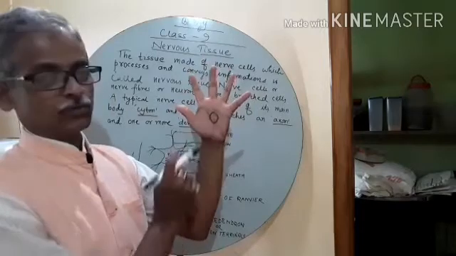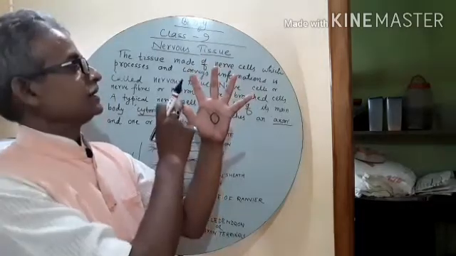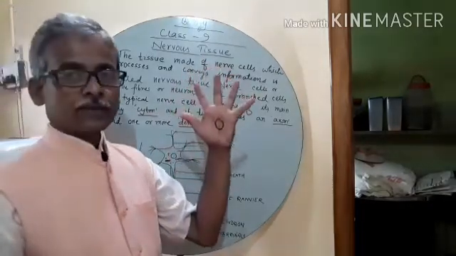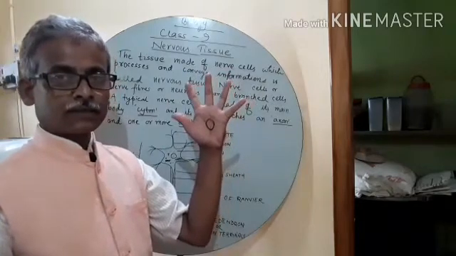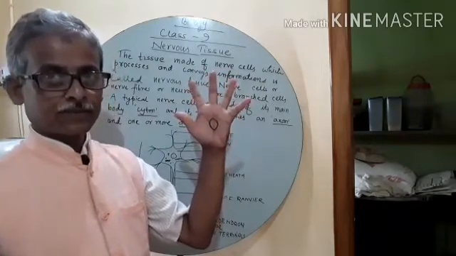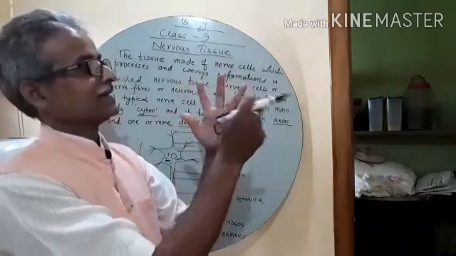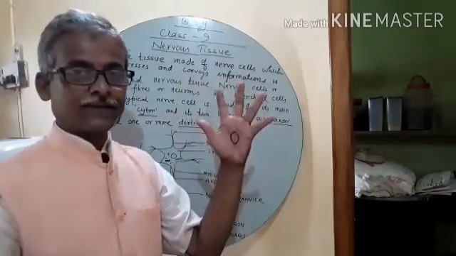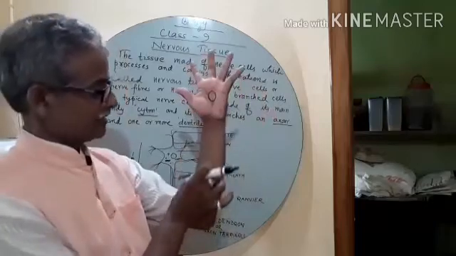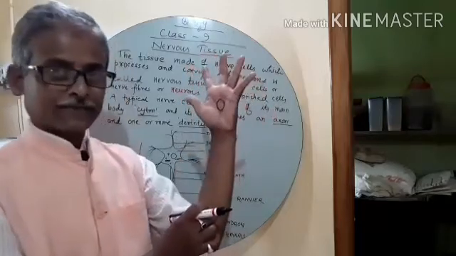This is its nucleus. These fingers are the branches known as dendrons. Their sub-branches are called dendrites, and this main branch is known as axon.